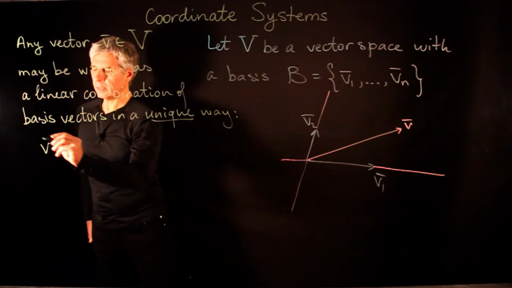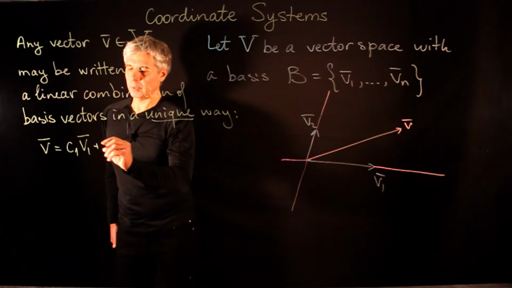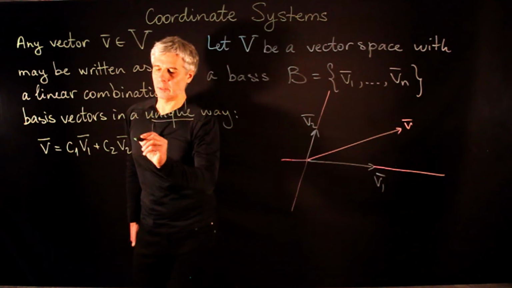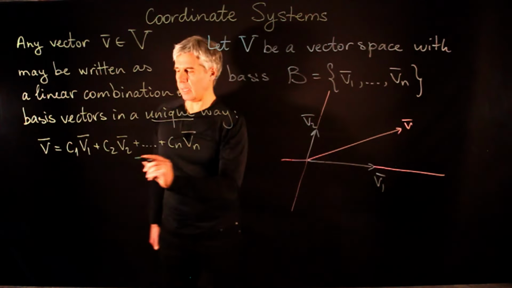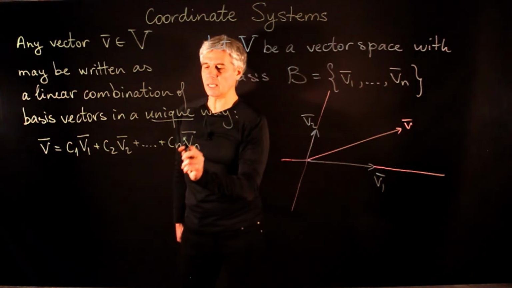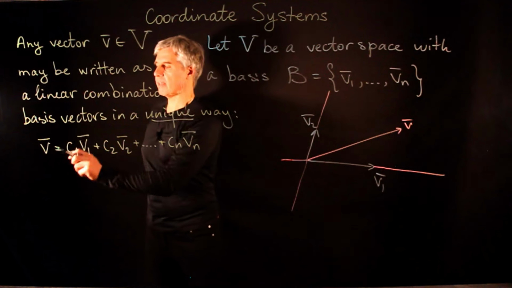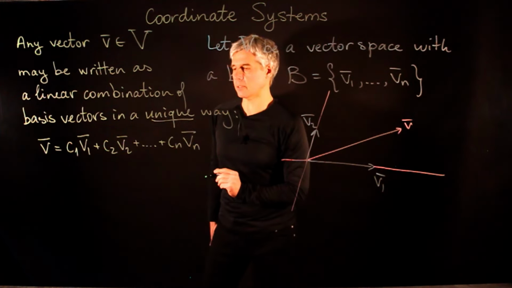So we can write v as a linear combination c1v1 plus c2v2 plus ... plus cnvn. And these coefficients in this linear combination, c1, c2, cn, are uniquely determined by a vector v because of linear independence of our basis vectors.